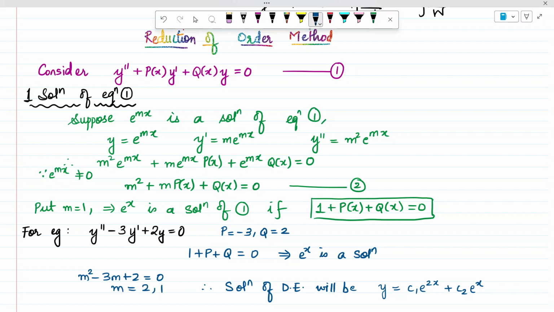Yes, ma'am. ओके, दैट इज व्हाट वी हैव क्लेम्ड, राइट? हमने अभी अभी यही क्लेम किया था कि e raised to x इसका सोल्यूशन तब होगा जब 1 प्लस पी प्लस क्यू इक्वल टू 0 होगा. 1 प्लस पी प्लस क्यू इक्वल टू 0 हो रहा है, e raised to x इसका सोल्यूशन है. हमने डायरेक्टली भी चेक कर लिया और हमने जो थ्योरी डेवलप की है उससे भी चेक कर लिया. आई होप दिस इज क्लियर.